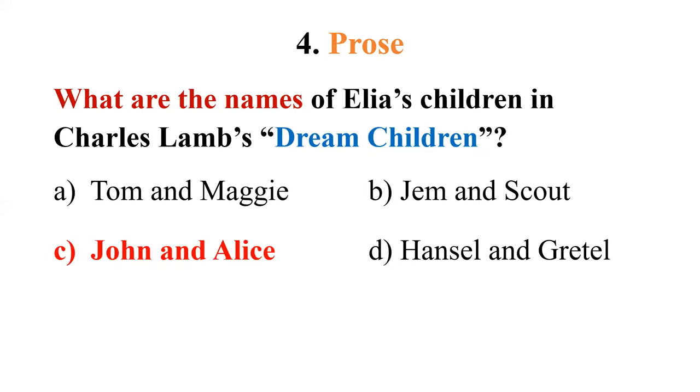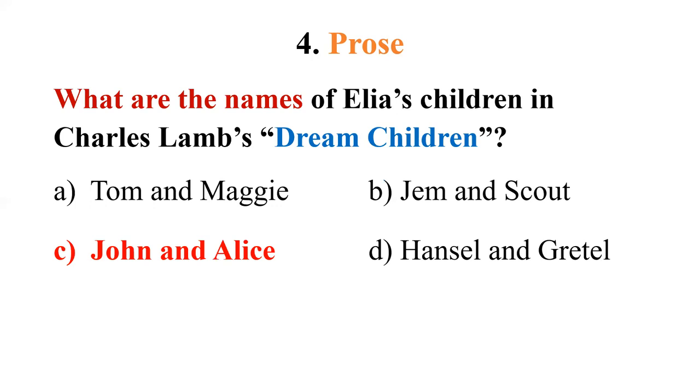So another thing, sometimes, if you don't know the answer, you find out, and after that you also should refer other options. For instance, option A, Tom and Maggie, famous characters, Tom and Maggie Tulliver, created by a Victorian novelist who used a pen name or pseudonym, Mary Ann Evans. Of course, yes.